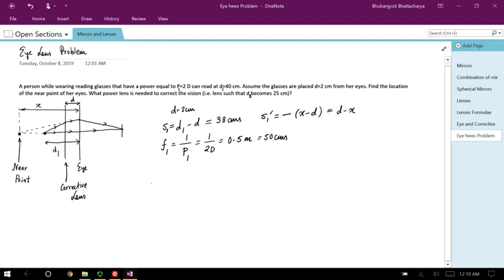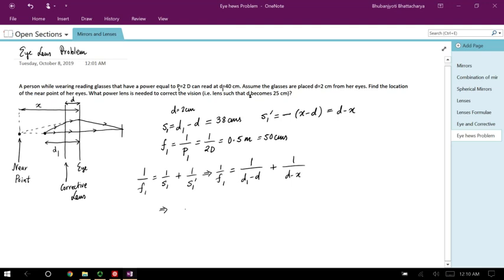So let's plug this into our focal length formula. 1 over f1 is equal to 1 over s1 plus 1 over s1 prime. If I plug that in, I have 1 over f1 is equal to 1 over d1 minus d plus 1 over d minus x.